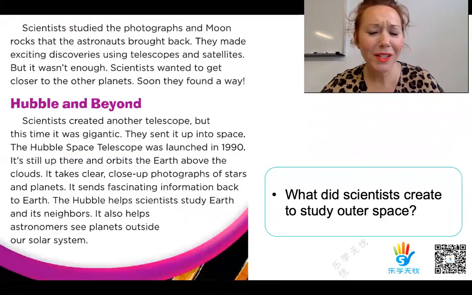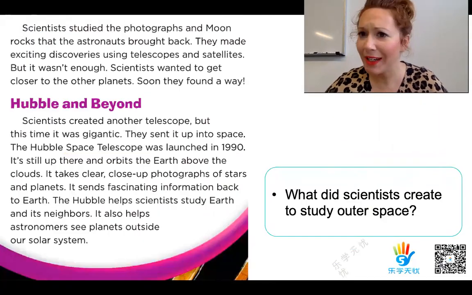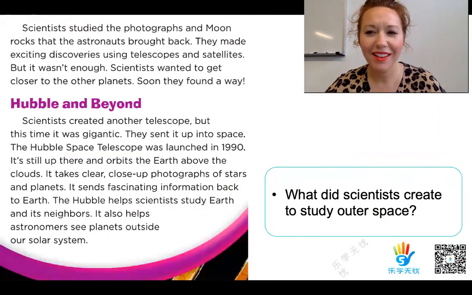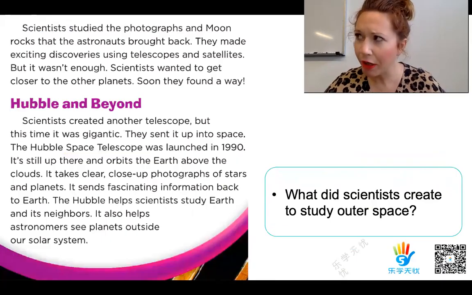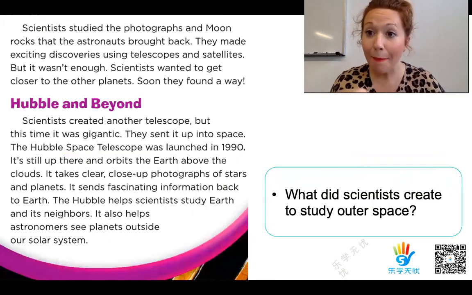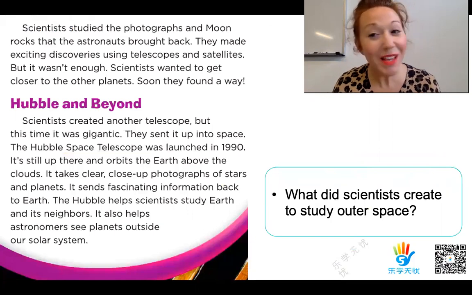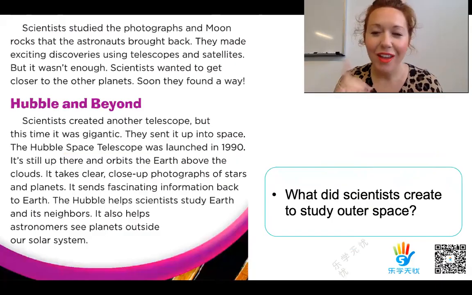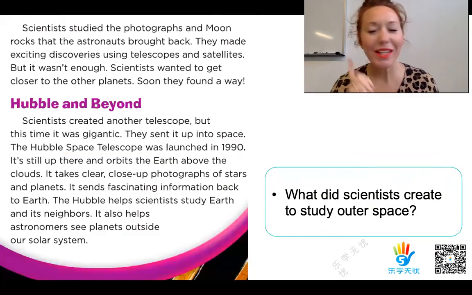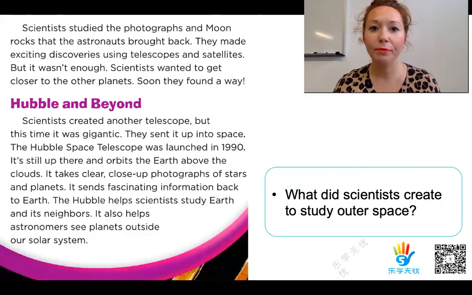Now, what year was the Hubble Space Telescope put into outer space? 1990, very good. And what year did it come back to Earth? That's a trick question because it never came back to Earth. The Hubble Space Telescope is still in outer space collecting a lot of information.